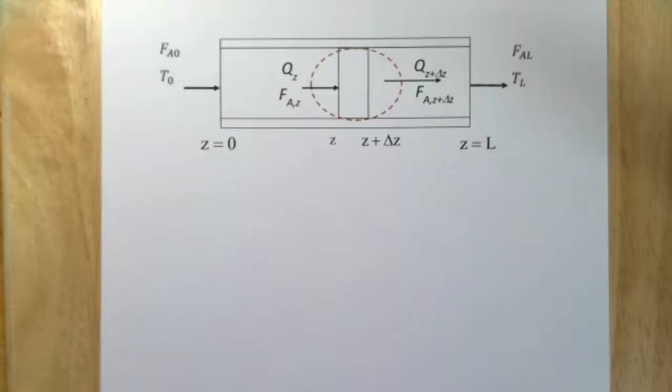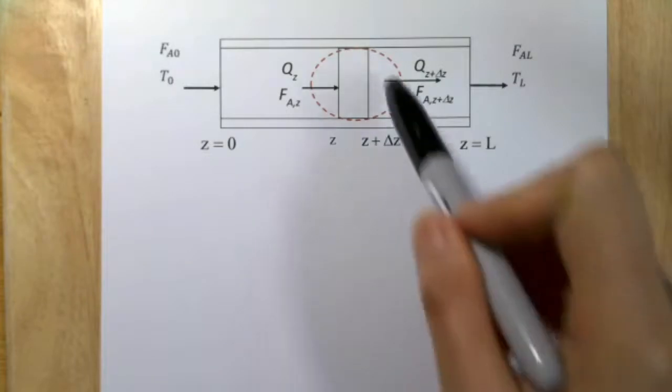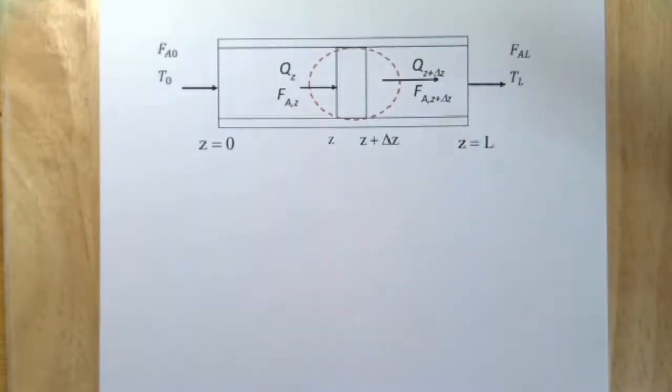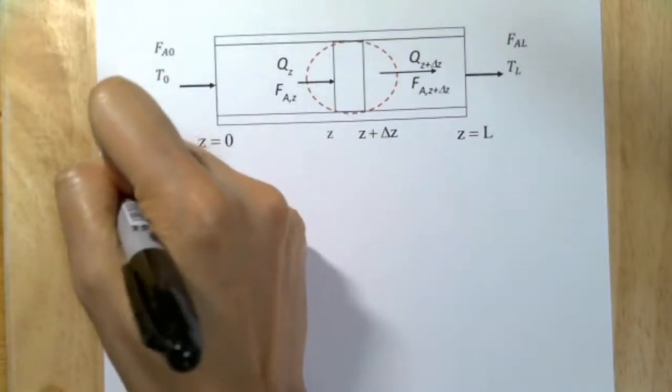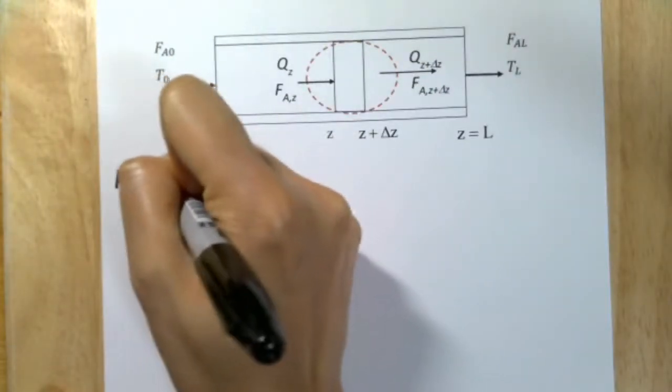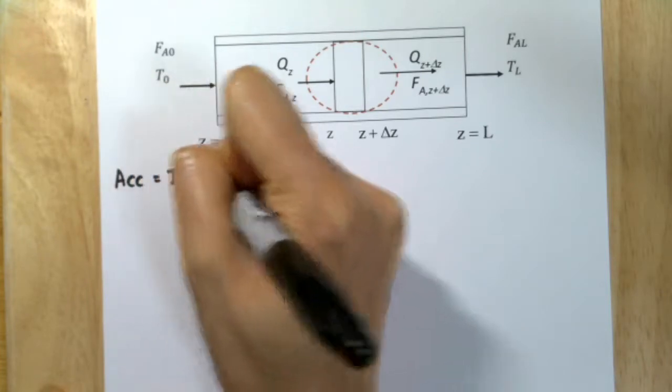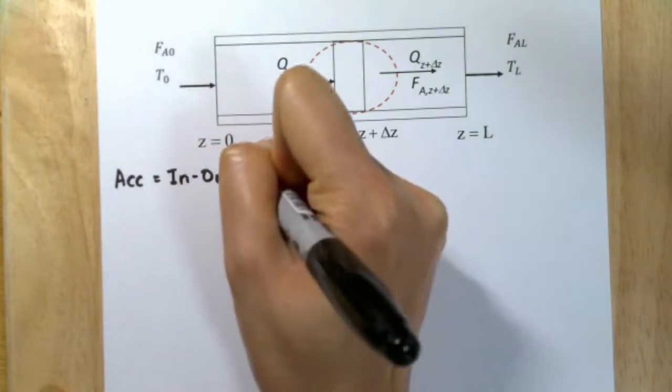To recap, we need to write our energy balance over the control volume. The general energy balance is accumulation equal to in minus out plus the generation term.